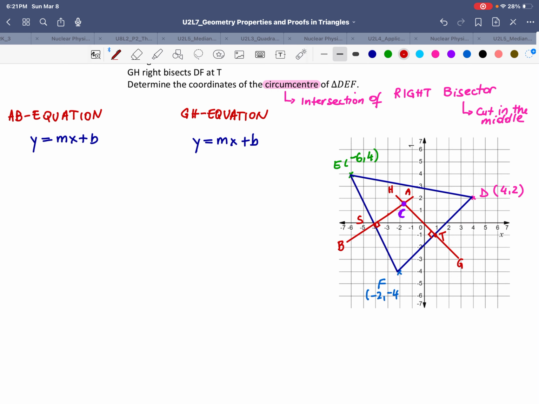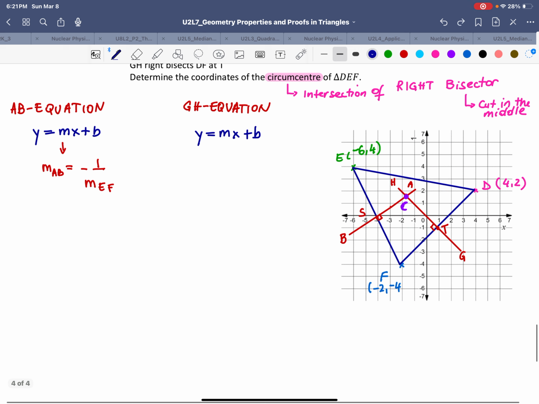To find the slope of AB, we need the negative reciprocal of the slope of EF. So we're going to search for EF now. The slope of EF is the y at F minus the y at E, divided by the x at F minus the x at E.